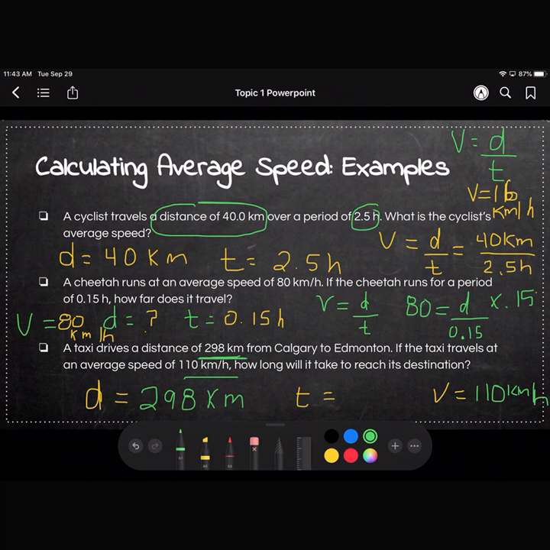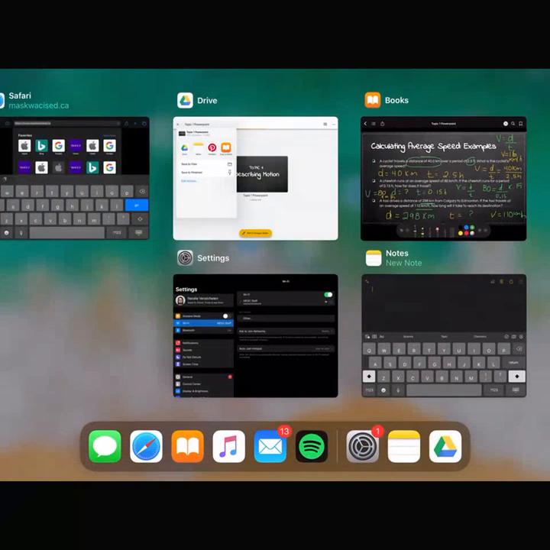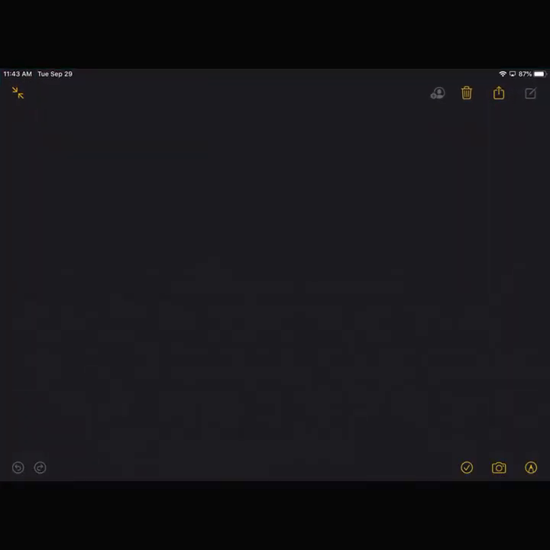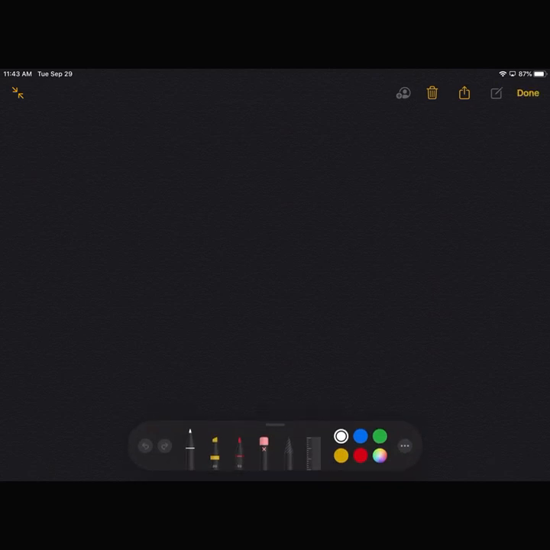So then the question is, how long did it take them? So that's a time, right? We're asking how long did it take? That's our question mark. So let's bring that over to the other page. The time is what we're missing.